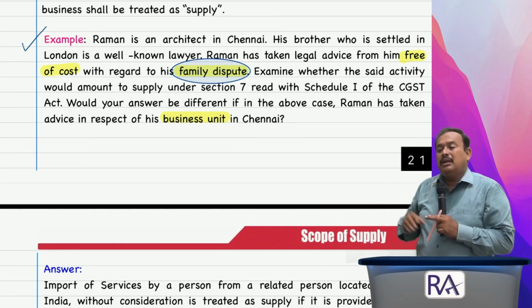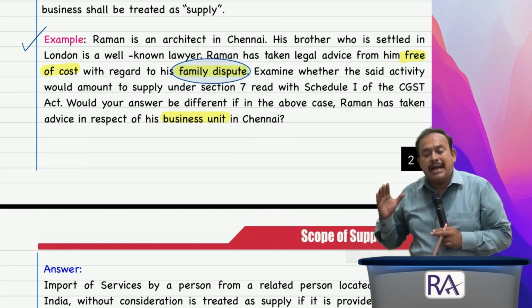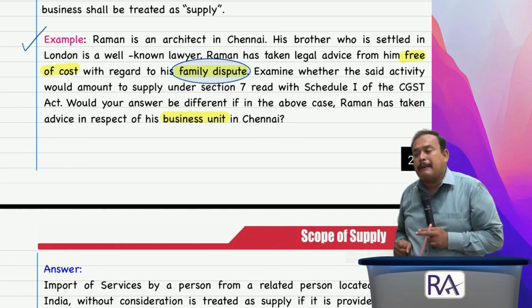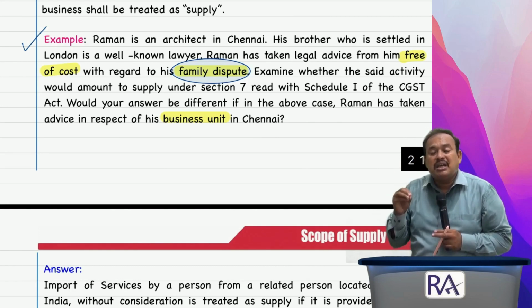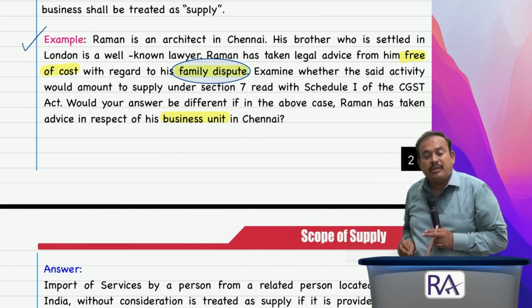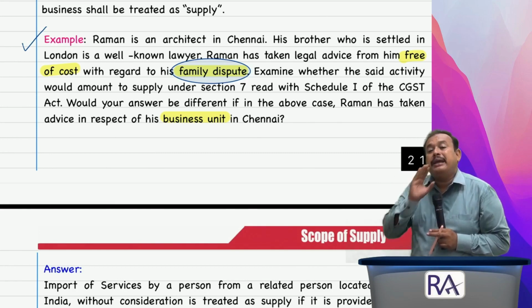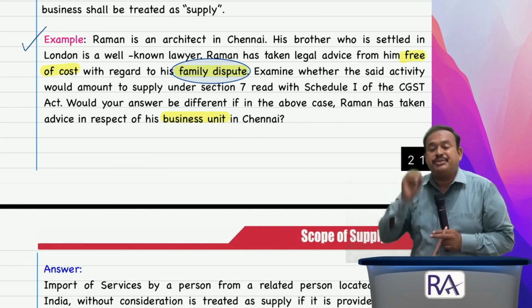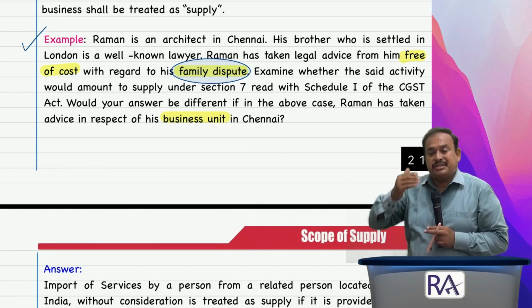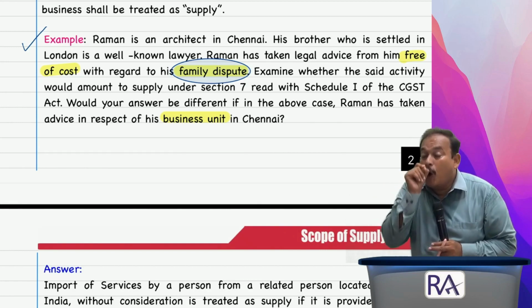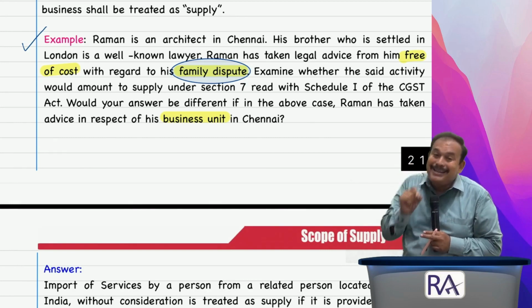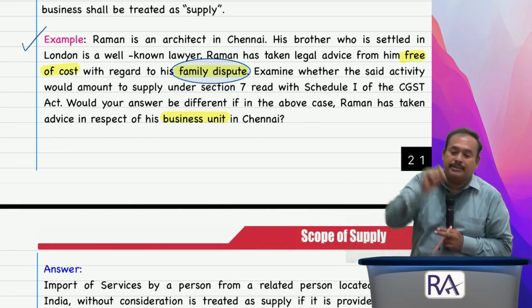Repeating, family as defined under section 2, subsection 49 of the CGST says spouse and their children, and parents, grandparents, brothers, sisters who are wholly or mainly dependent on such person.